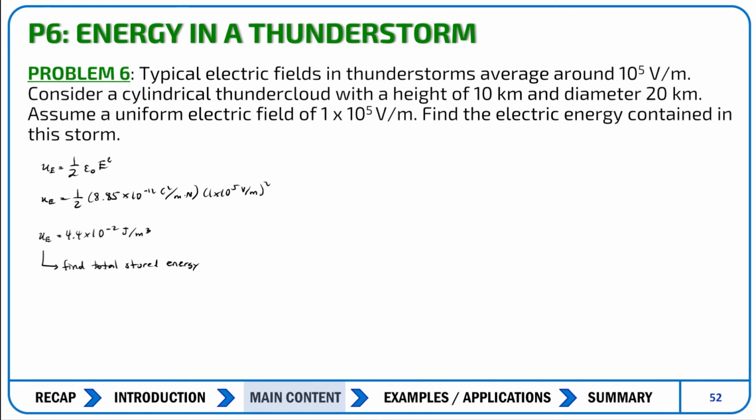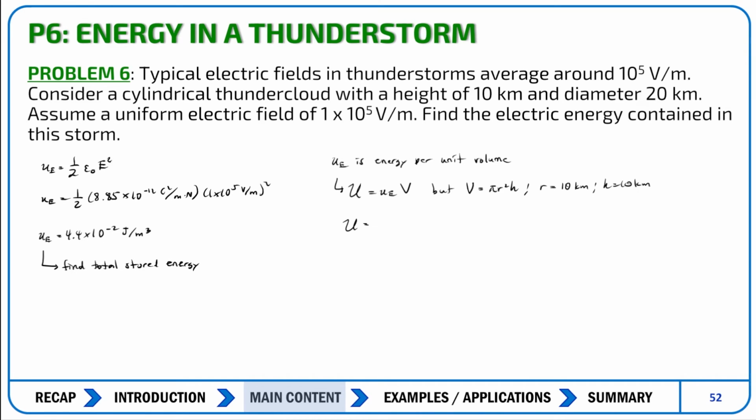The energy density is the energy per unit volume, so we just multiply it by some volume V to get the total energy: U equals U_E times V. We're assuming a cylindrical thundercloud, so V equals pi r squared h, where r is 10 kilometers because the diameter is 20 kilometers, and the height is 10 kilometers.